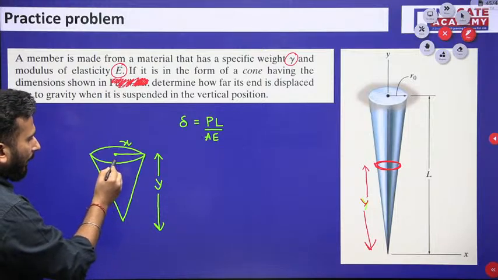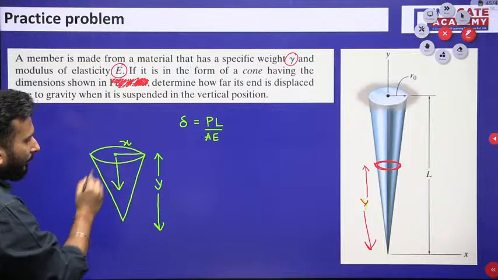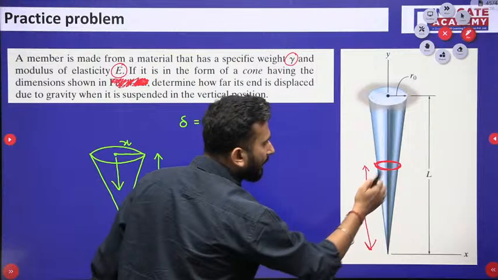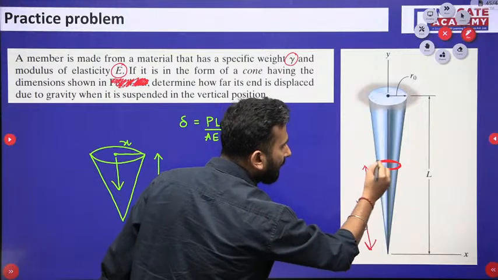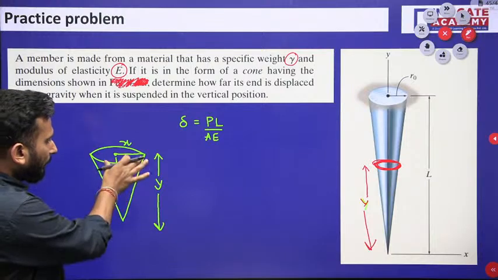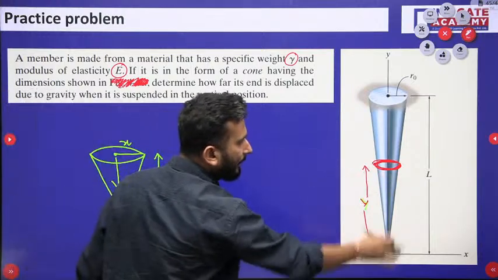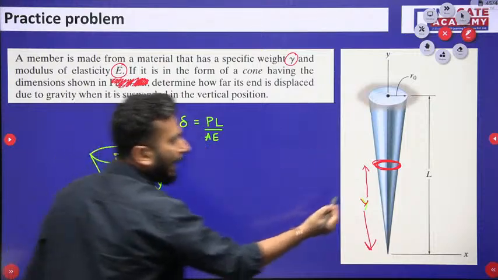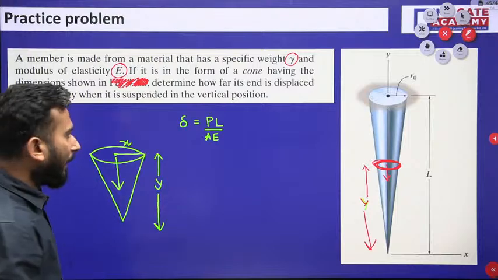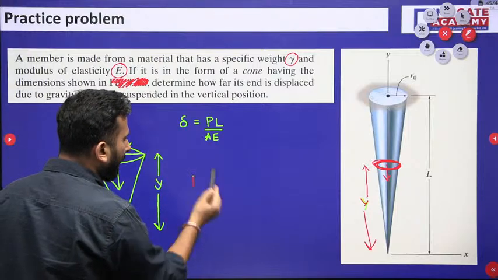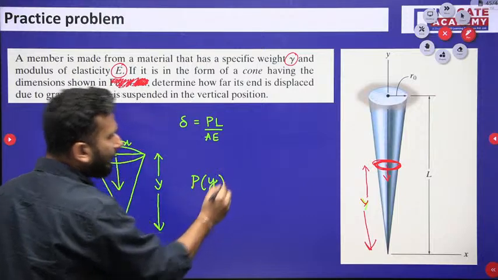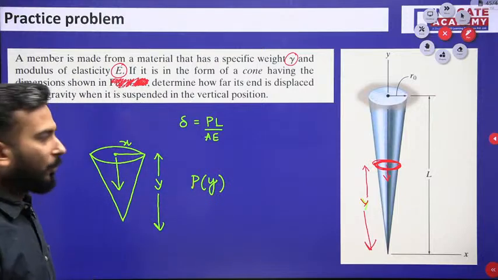The weight will be applied through this, so this much force is applied on this section. This small cone that I've taken below this section gives me something P at a distance of y, that is the varying load.